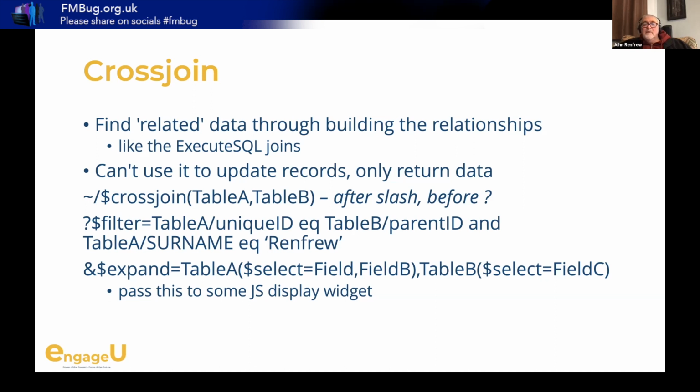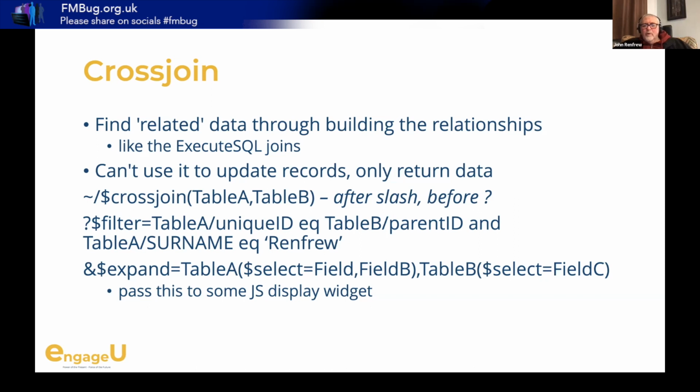You can't use that query to then have a found set that you can update. This is only about returning data, but it does allow you to pull data from completely disparate tables and build a relationship on the fly. So how it works is you say, hey, I want to cross join between this table and that table. The cross join, as I said, comes after the slash, after the file name. And then we build the filter.